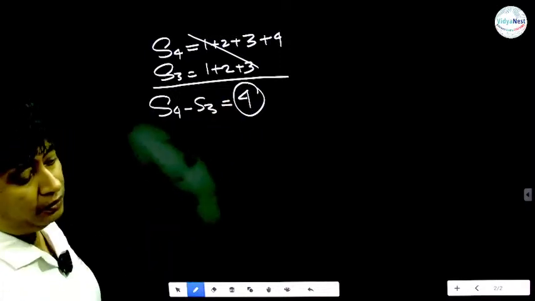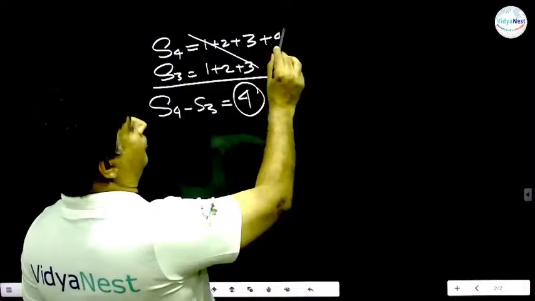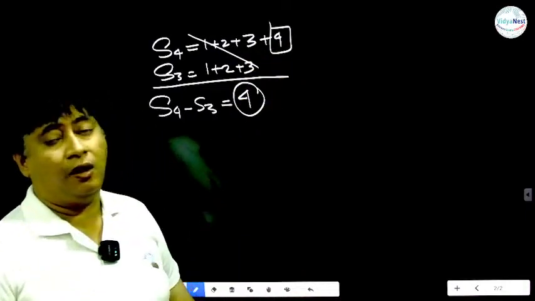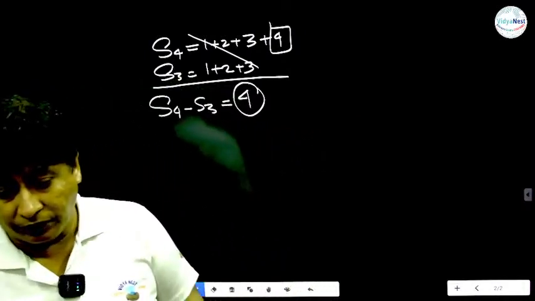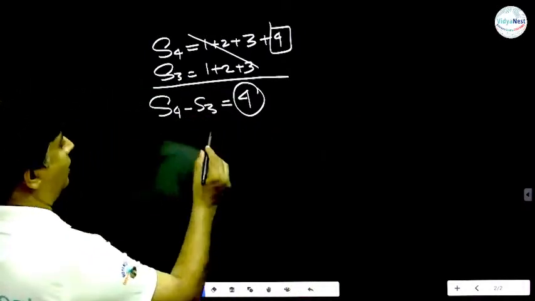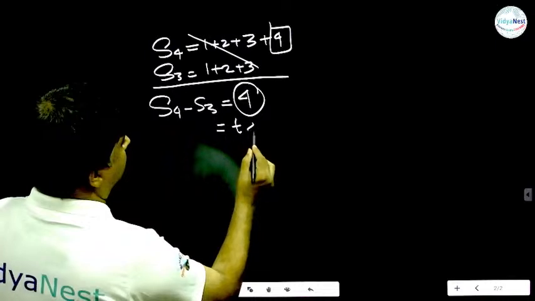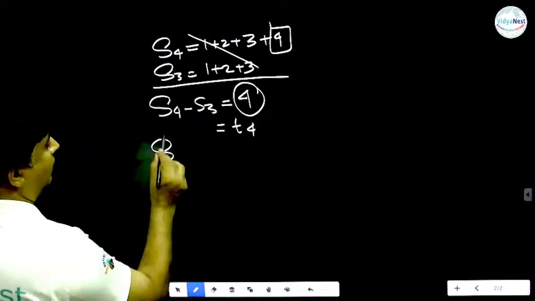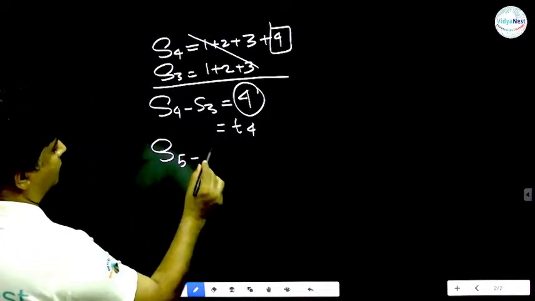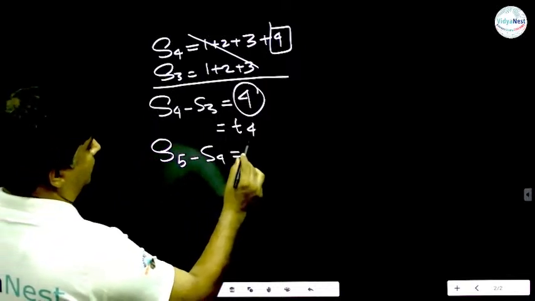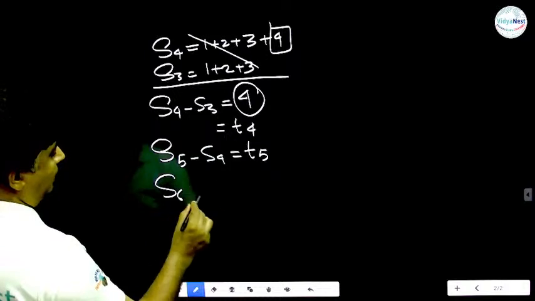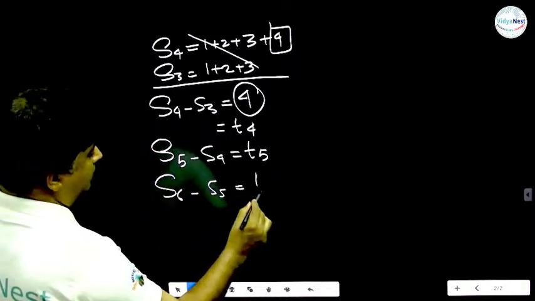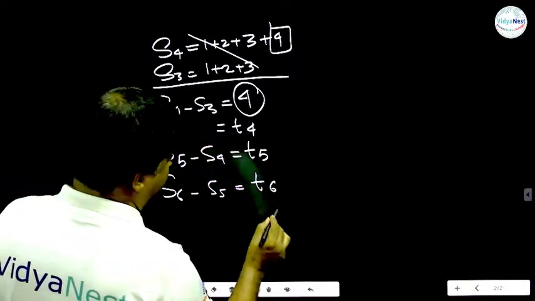What is 4? 4 is the fourth term in the series, so I can write T4. In this manner, S5 minus S4 is T5, S6 minus S5 is T6.